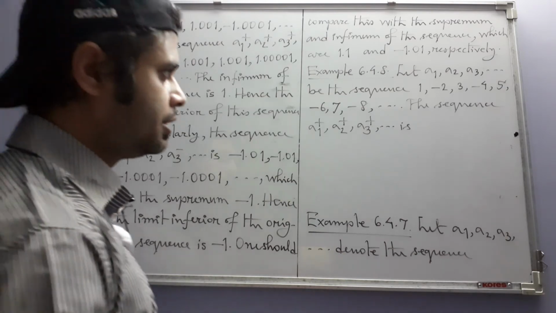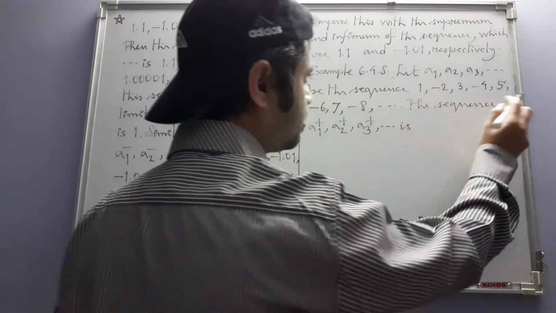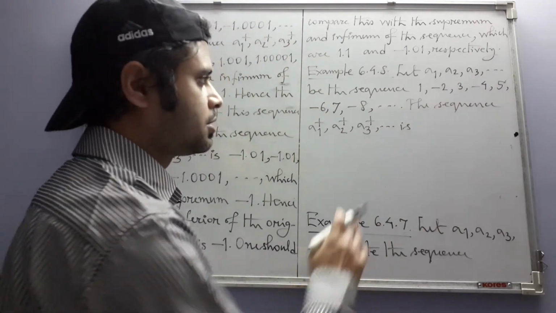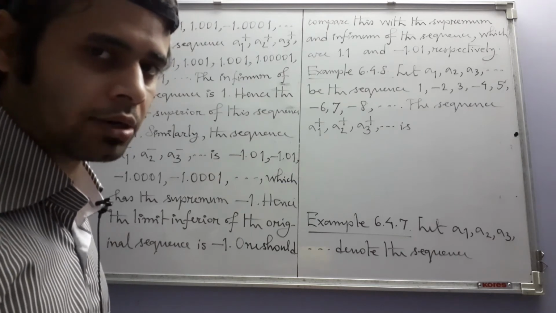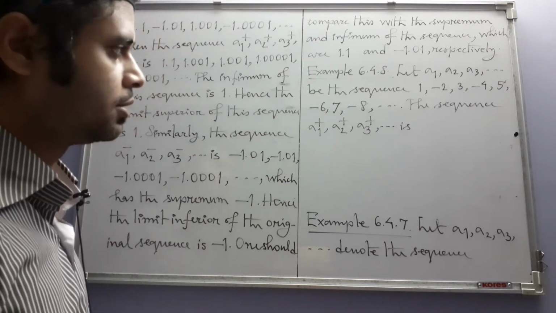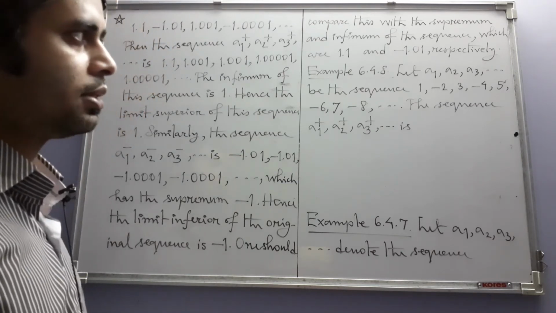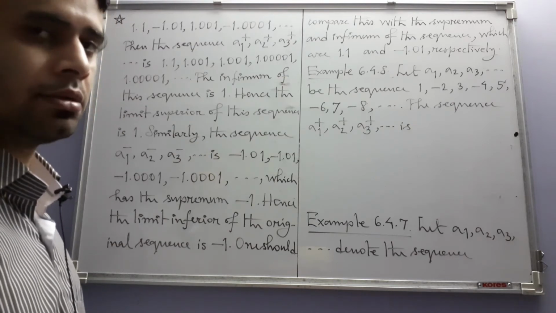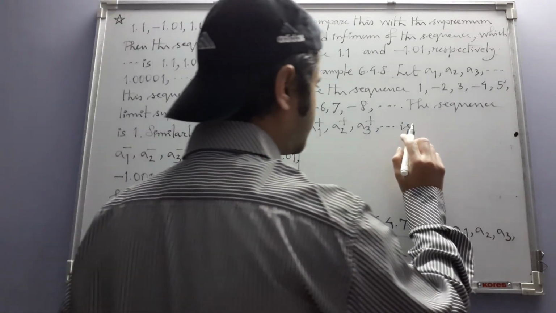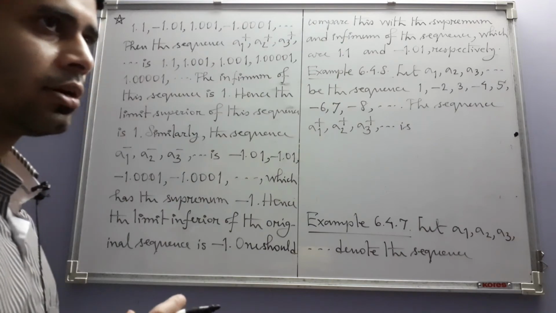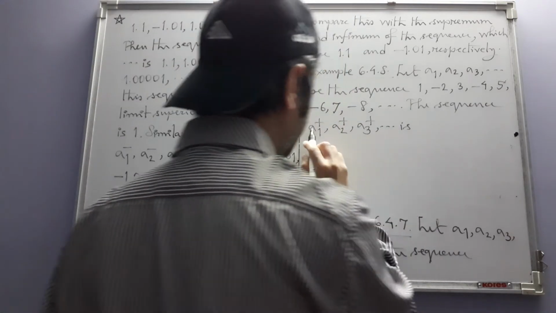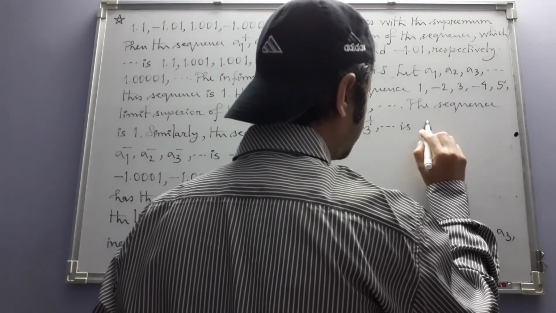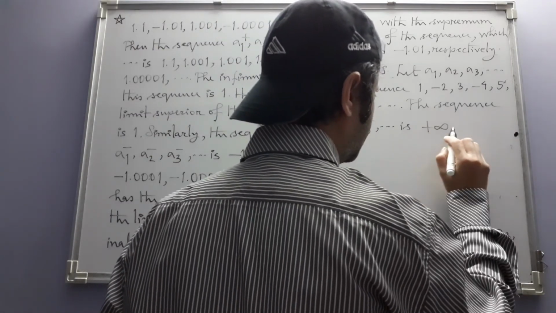No, because these terms, the odd integers which are positive, they keep on appearing without any bound and they are not bounded above. So that means the original sequence is not bounded above, in the sense that it does not have a real number upper bound. So that's why A1 plus is plus infinity.